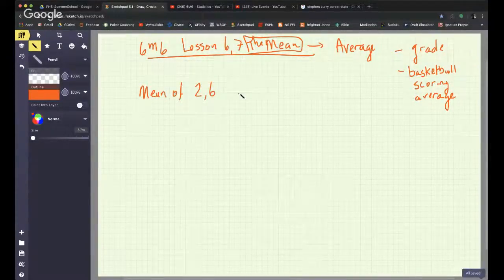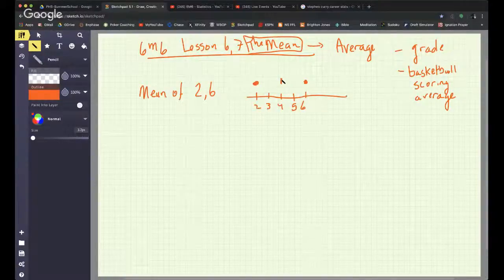A lot of people think of mean as the middle point, a point that's the same distance from each number. The mean of 2 and 6, looking at it graphically, is 4.